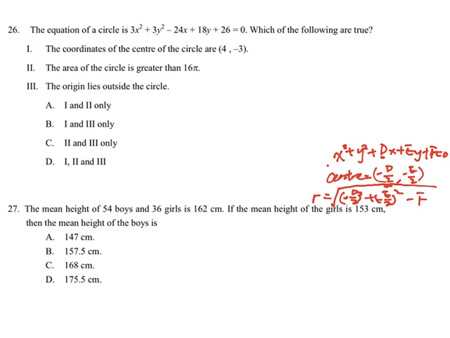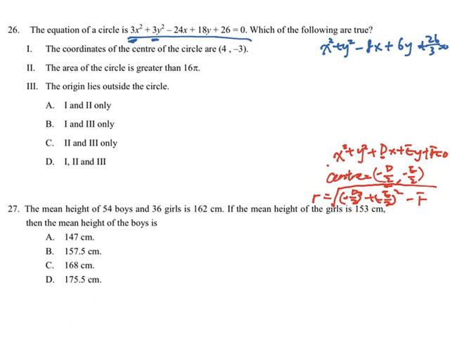So let's see this question. For this question, you can see the coefficient of x squared and y squared is 3. So we need to divide the whole equation by 3. So we get x squared plus y squared, 24 divided by 3 is 8, 18 divided by 3 is 6, and lastly 26 divided by 3.